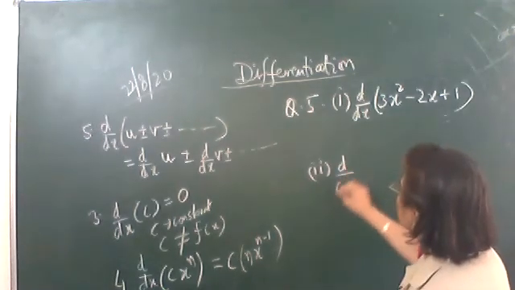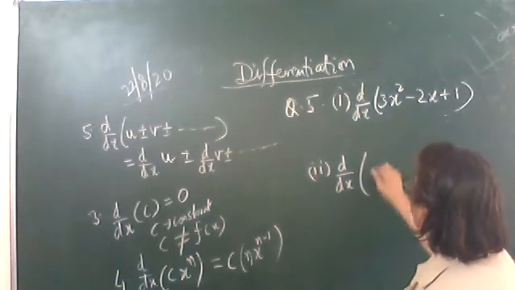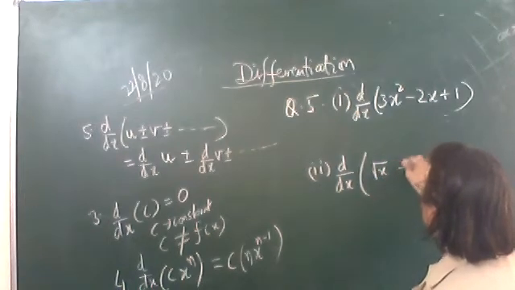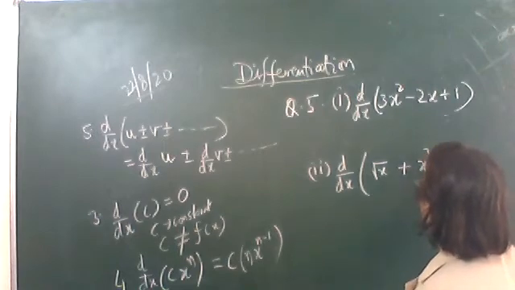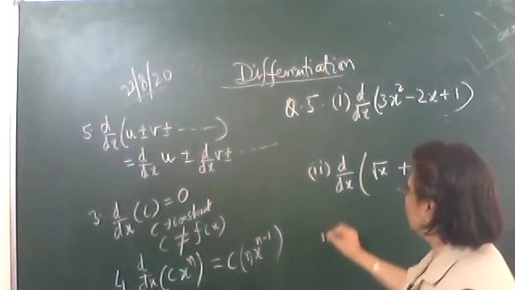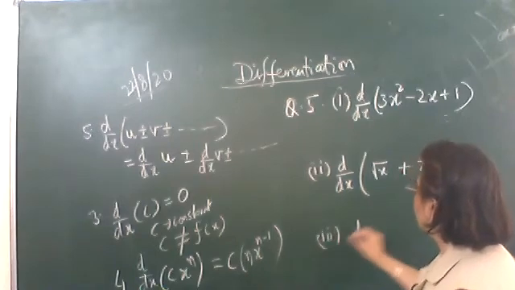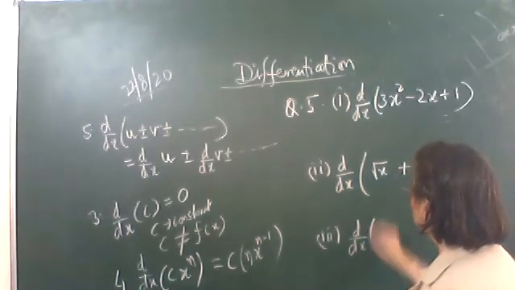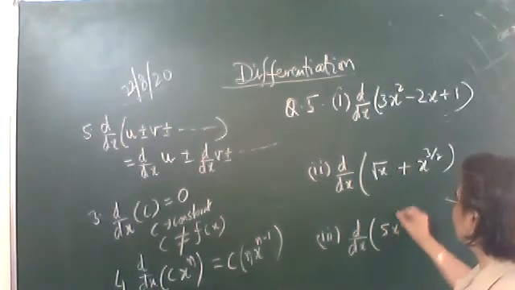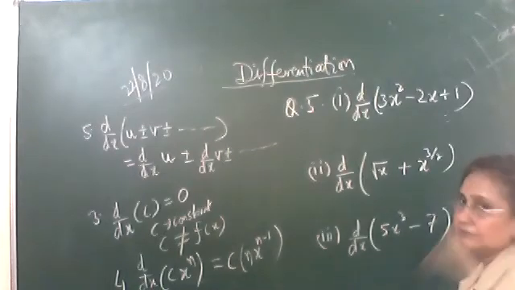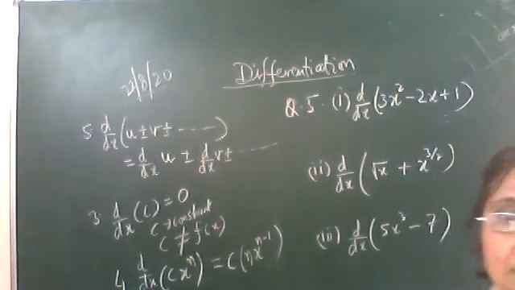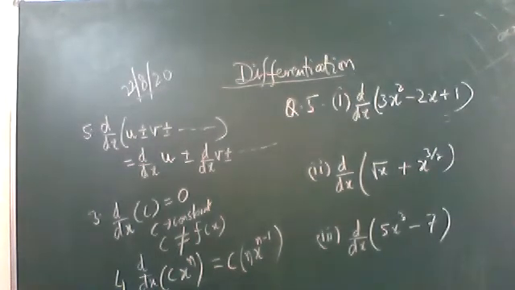The next is d by dx of root x plus x raised to the power 3 by 2. One more, d by dx of 5x cube minus 7. Okay, 30 seconds to solve.